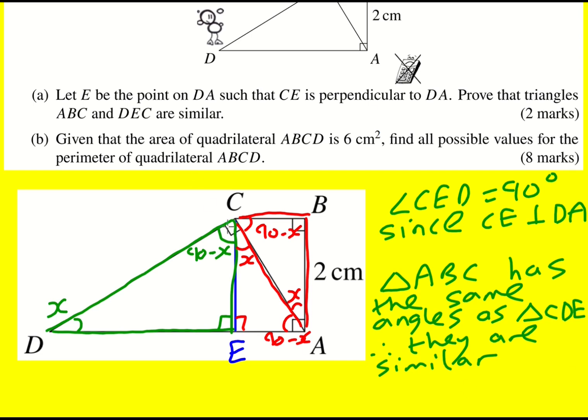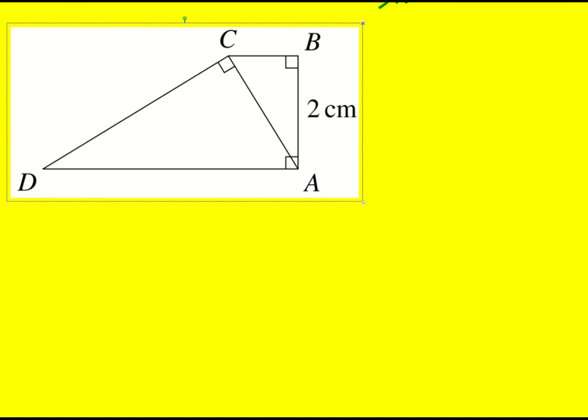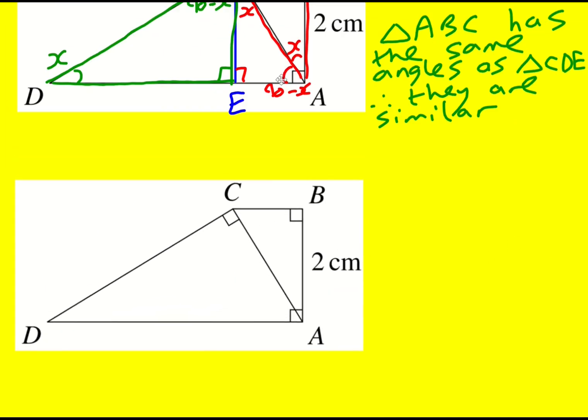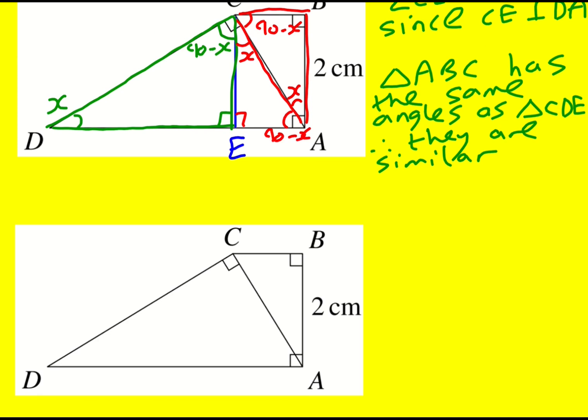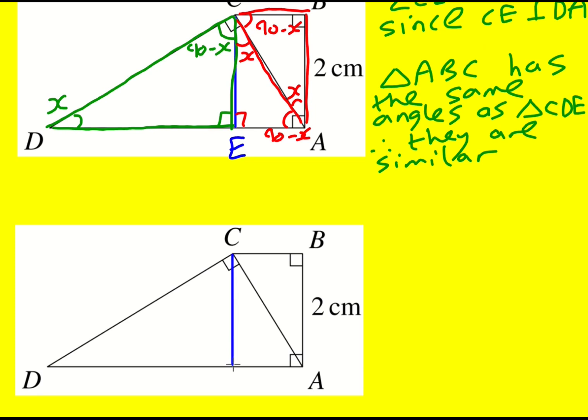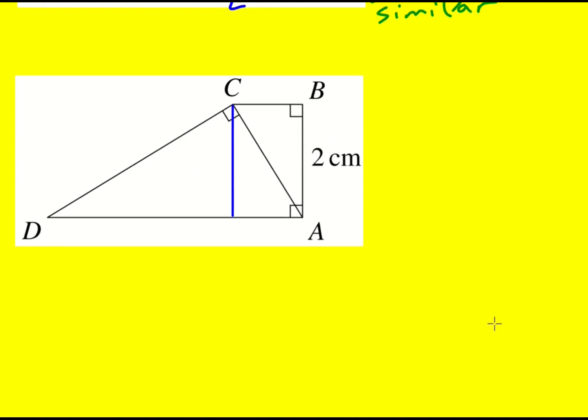We're then given that the area of the quadrilateral is 6 centimeters squared and asked to find all possible values for the perimeter of the quadrilateral. Remember, we've just proven that two of the triangles are similar. And I should just draw this line in again. Now it might be worth just drawing these triangles side by side.